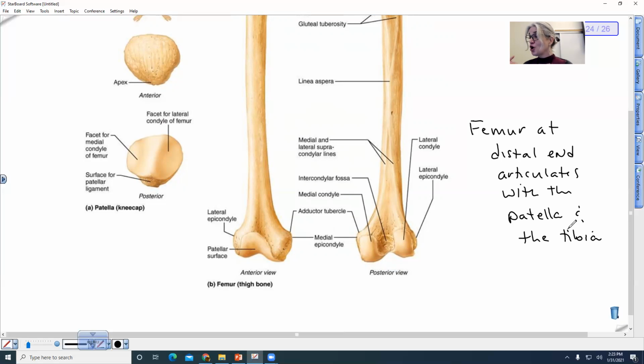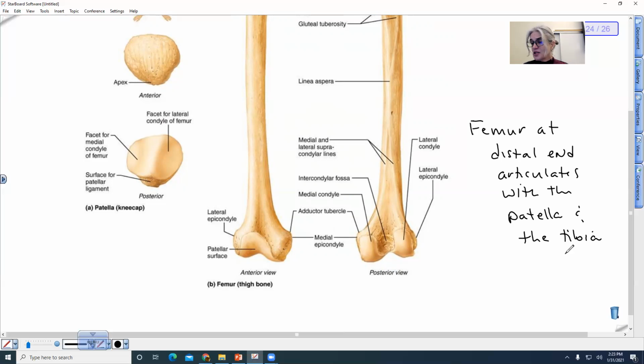The tibia is your larger lower leg bone, right? It is much larger than the fibula, and the fibula actually doesn't articulate with your femur at all. It articulates with your tibia.